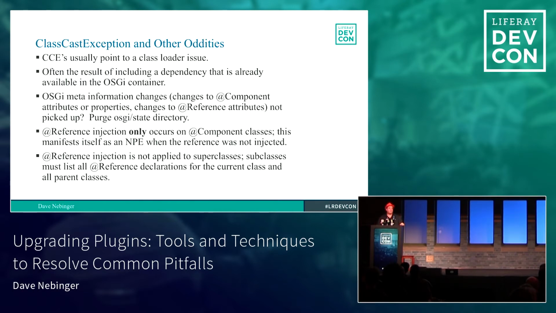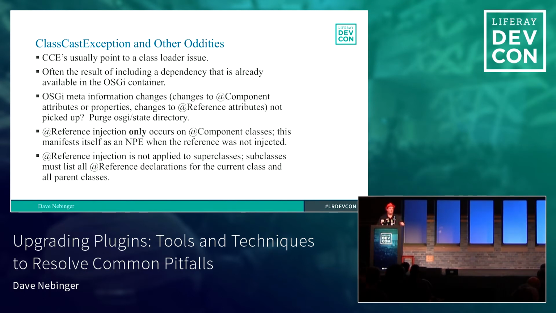If you include a jar as a dependency inside of your module that is also provided somewhere else in another OSGi module, then your class loader will have multiple copies of the class, and you can run into ClassCastExceptions for something that should match up but can't because of the class loader. So you need to watch out for that. If you have a service available or a class available, you want to check to make sure that you're not also including it in your own module.